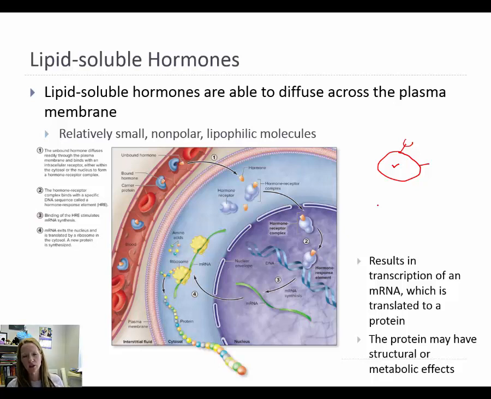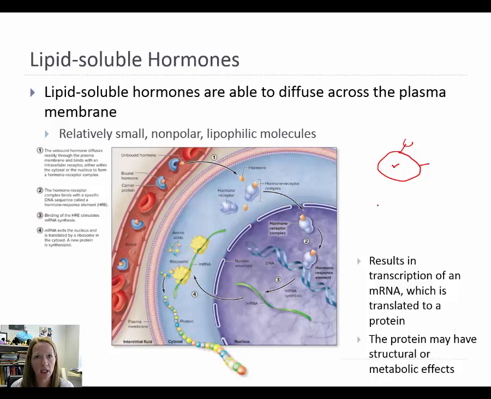Depending on what the hormone is, that determines what kind of protein it makes, and what kind of structural or metabolic effects it's going to have. Another factor is which cell, or what type of tissue, it binds to.